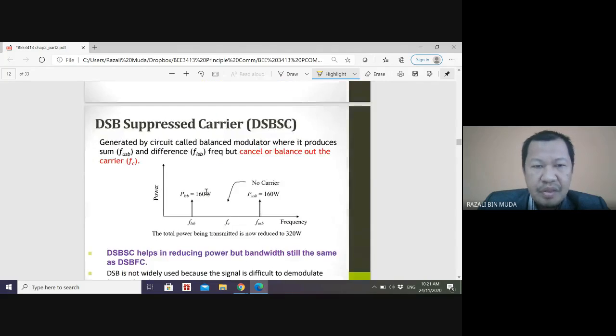Okay, so first is double sideband suppressed carrier. How are we going to remove the carrier?